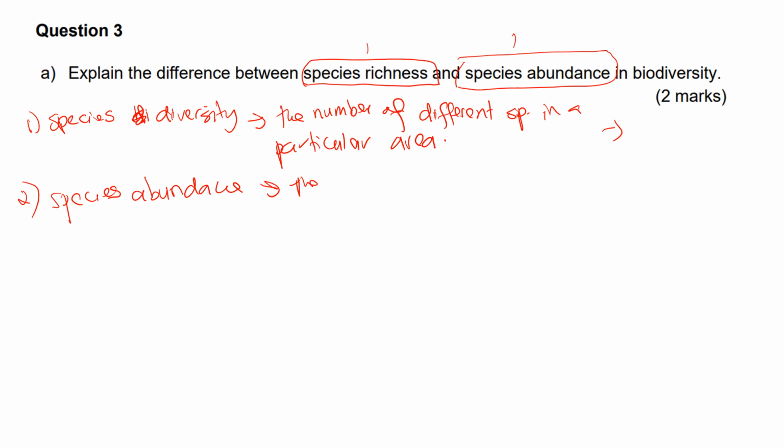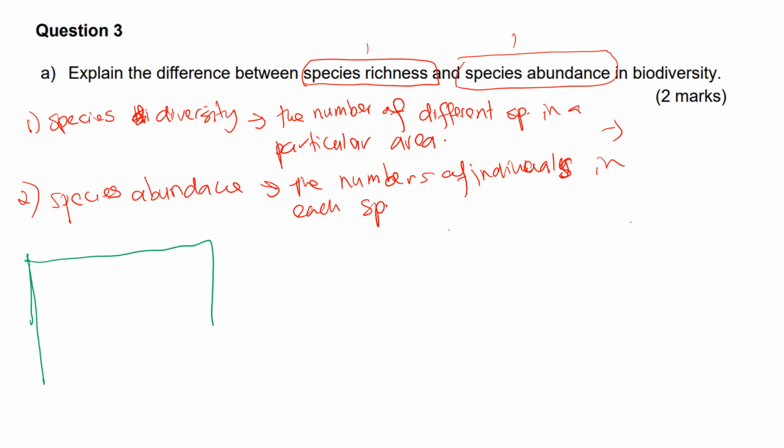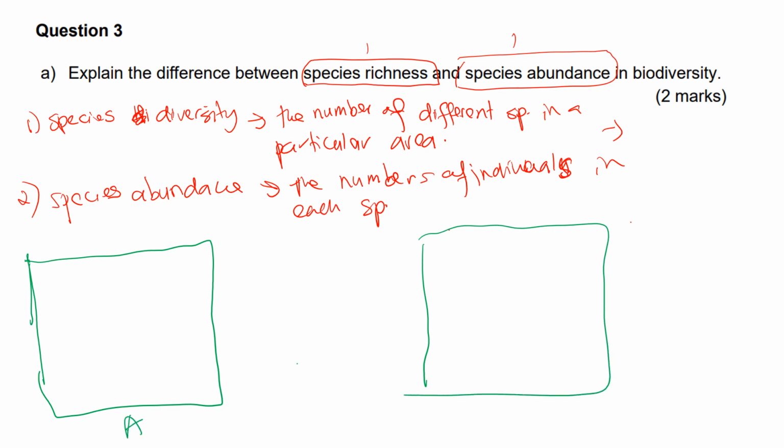Okay, so for example, for species diversity, here we have two different areas, habitat A and also habitat B. Both habitat A and habitat B will have 5 different species.